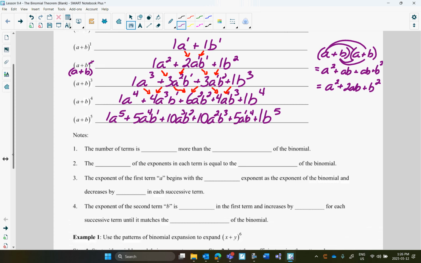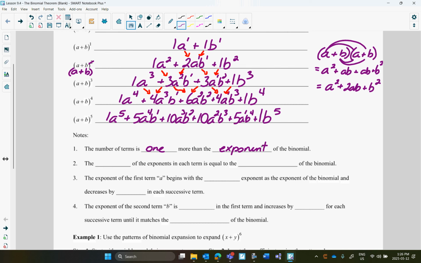The number of terms is one more than the exponent of the binomial. So if you're raising something to the 7th, how many terms are going to be in the answer? 8. One more.